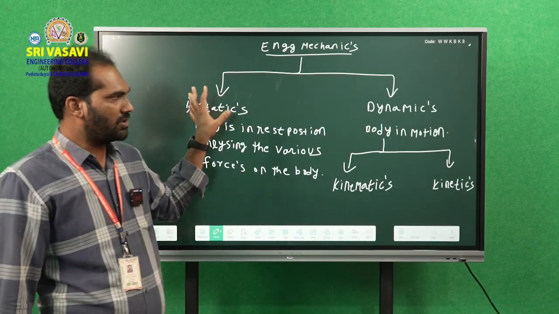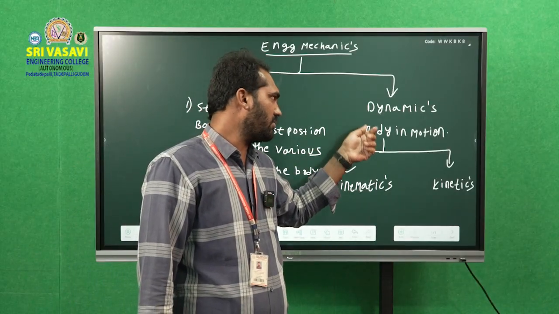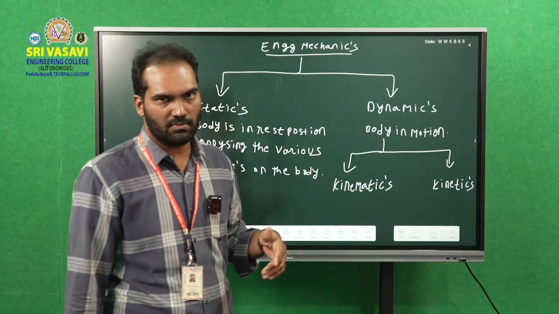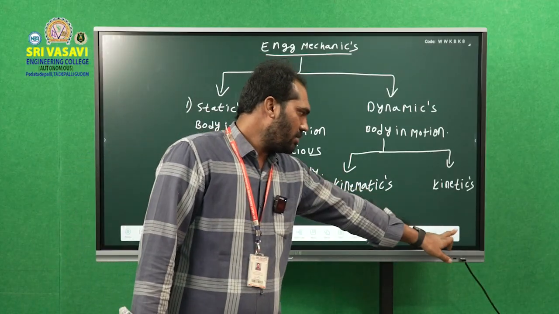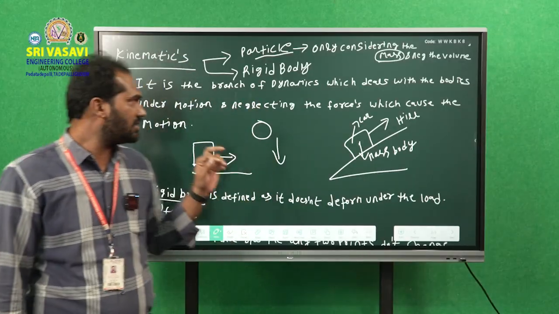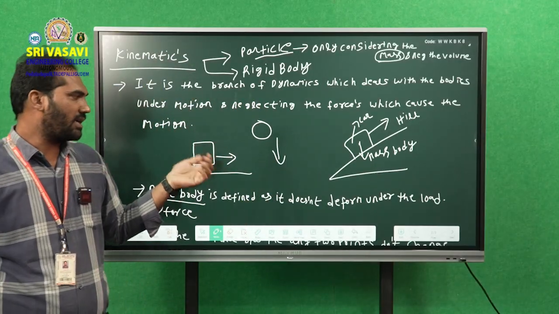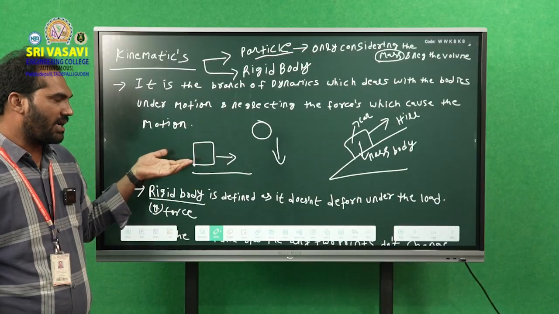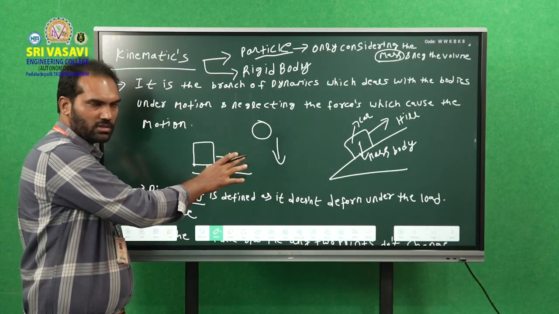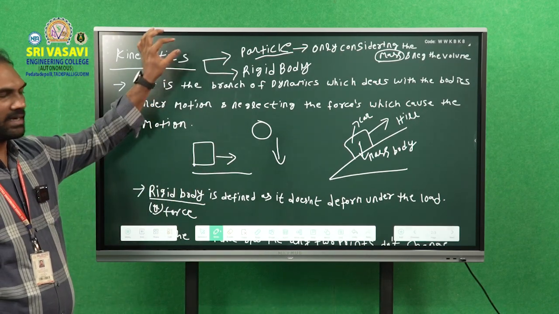So this is all about engineering mechanics. In that, my topic in this unit is dynamics, that is kinetics and kinematics. Kinematics is a branch of dynamics which deals with the bodies under motion and neglecting the forces which cause the motion. For example, a car traveling on a road: we only consider motion, not size and shape, for the particle.